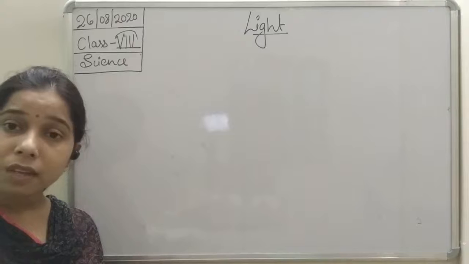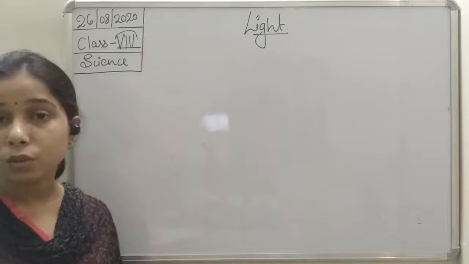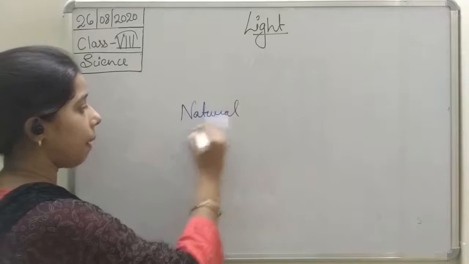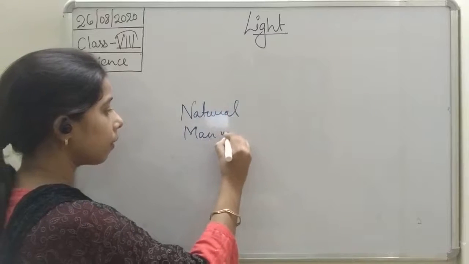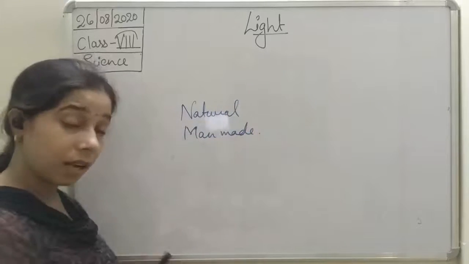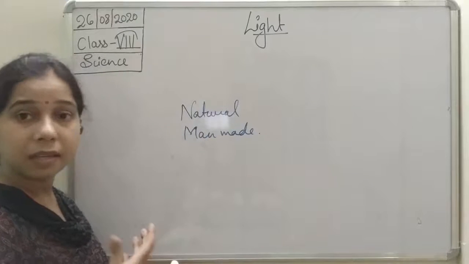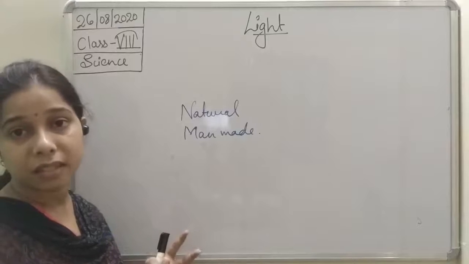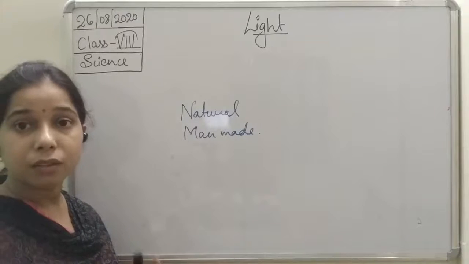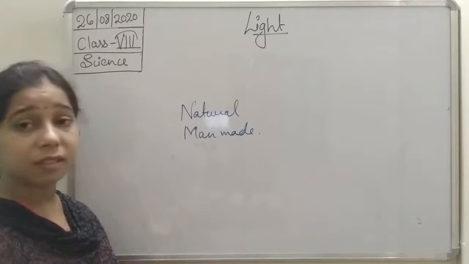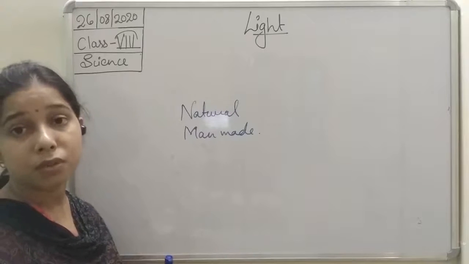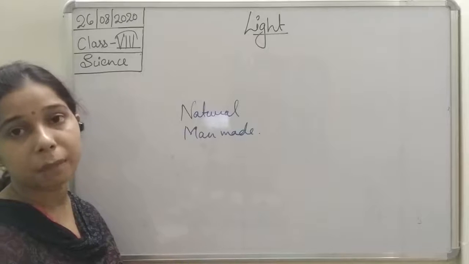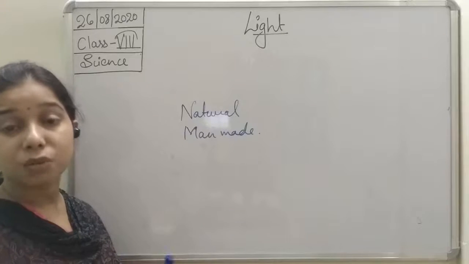Now sources of light are also divided into two: natural and man-made. The name itself says it: the source which we get from nature is natural, and the source of light which is artificially prepared or made by man is man-made, like the electric bulb.